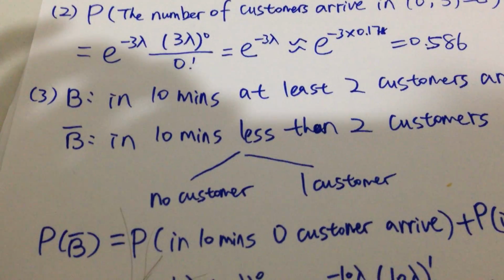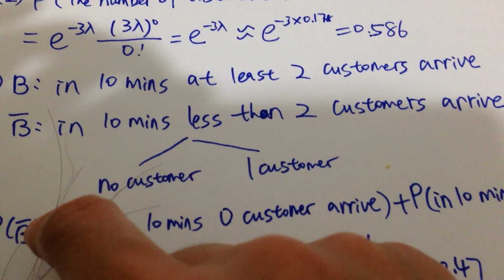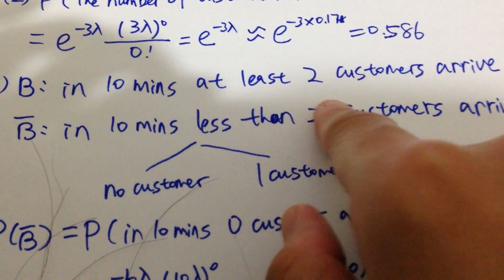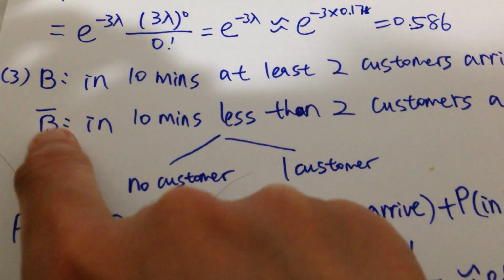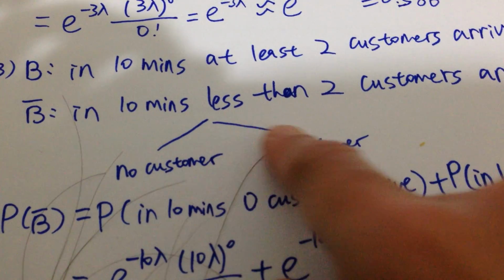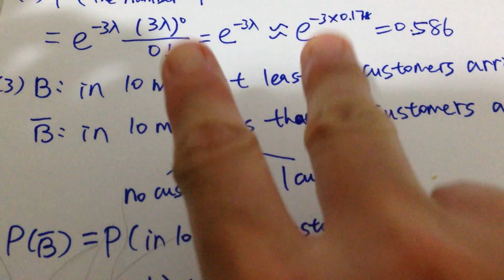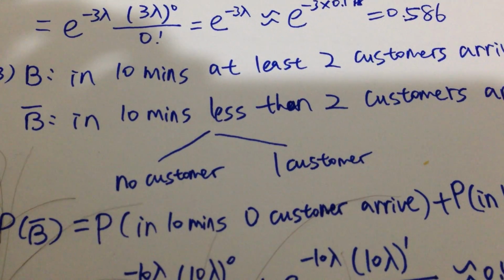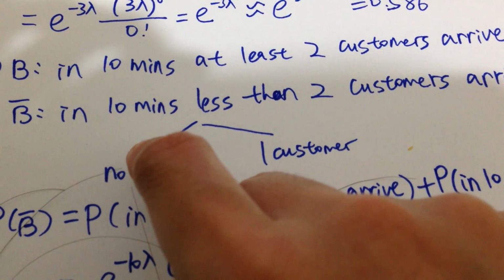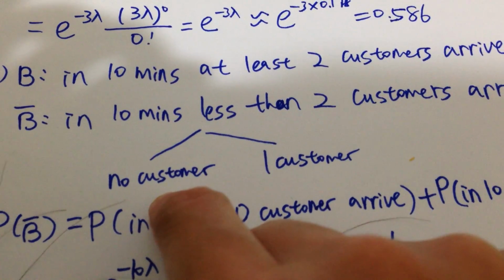Now, let's look at the third question. In this question, I will set B means in 10 minutes, at least 2 customers arrive. And not B means in 10 minutes, less than 2 customers arrive. For not B, there are 2 situations. One is that 0 customers arrive in 10 minutes.